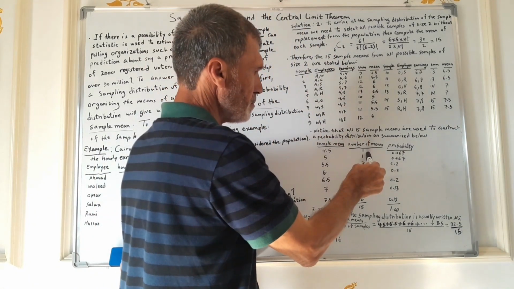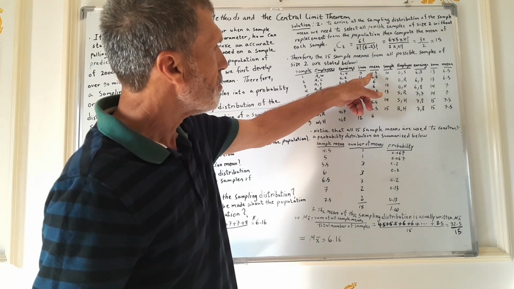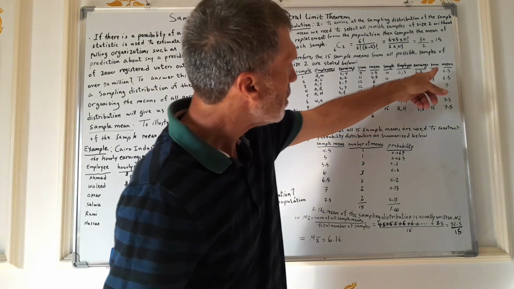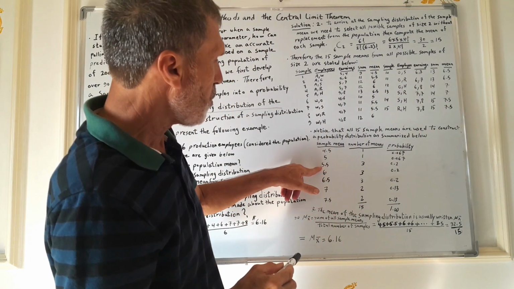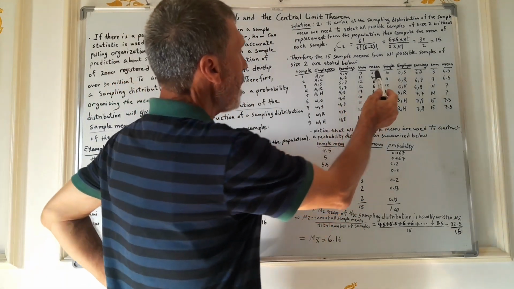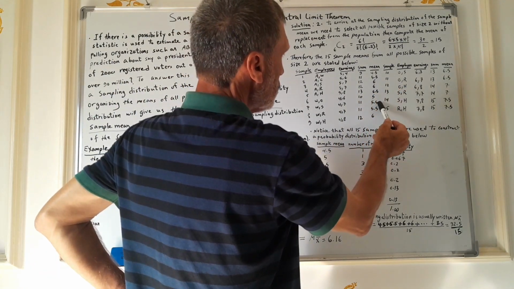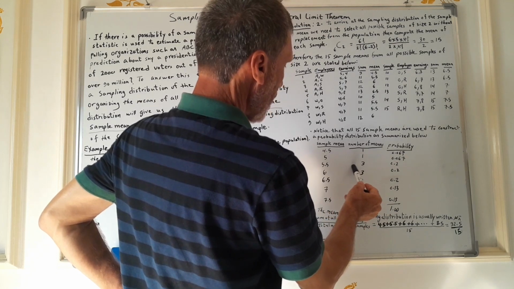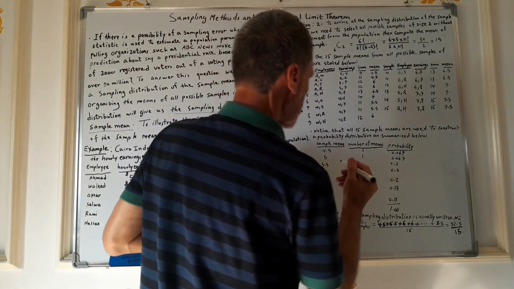So we have one 4.5 out of those 15 means. So we put 1. Now, how about 5? How many 5 do we have here? We only get 1. How many 5.5 do we have? 1, 2, and 3. We get 3.